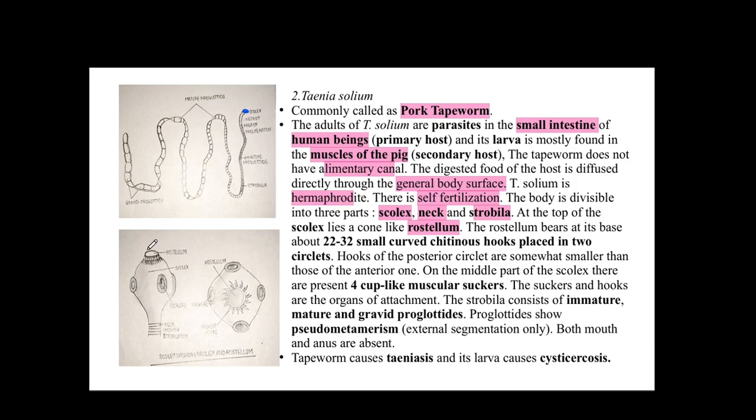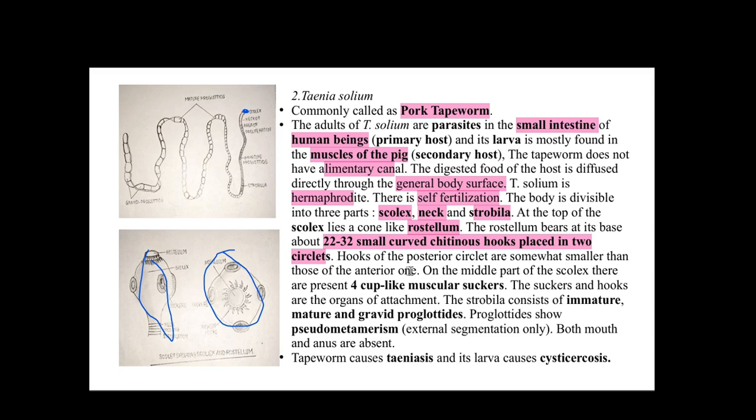This structure is the scolex, and this is the top view of the rostrum present on the scolex. Now the rostrum bears about 22 to 32 small curved chitinous hooks placed in two circlets. The hooks of the posterior circlet are somewhat smaller than those of the anterior one.